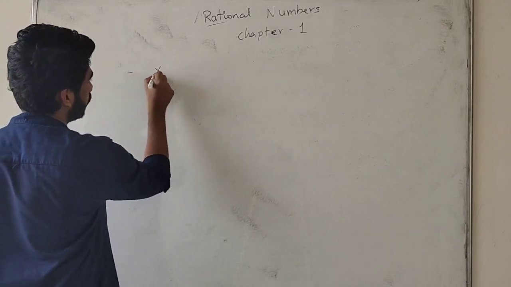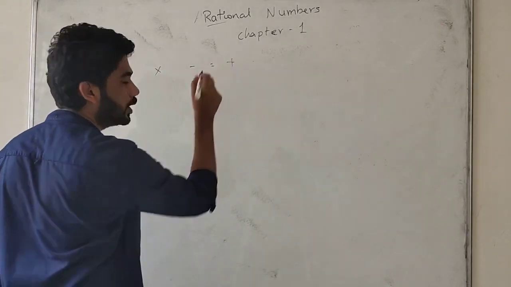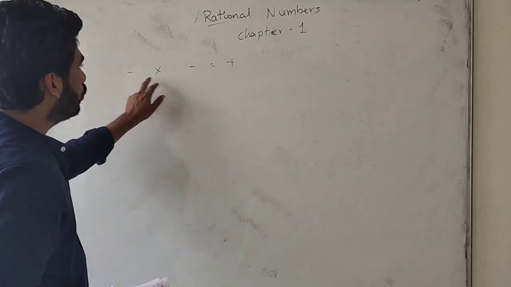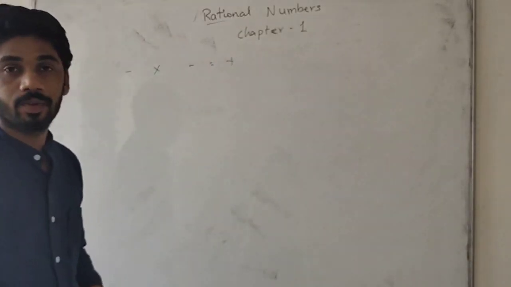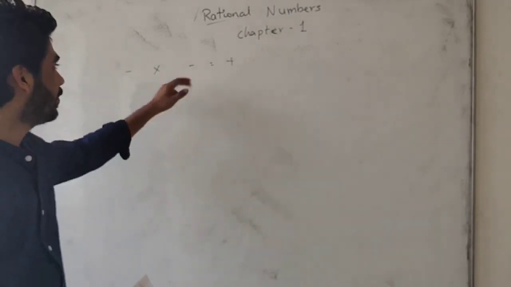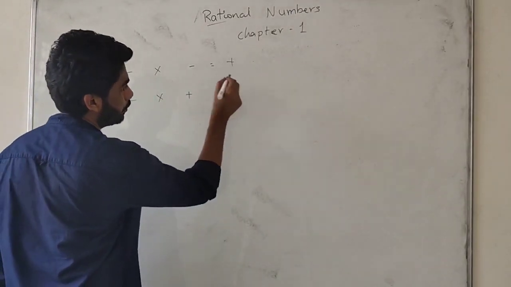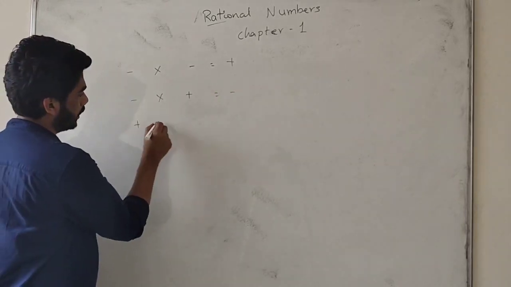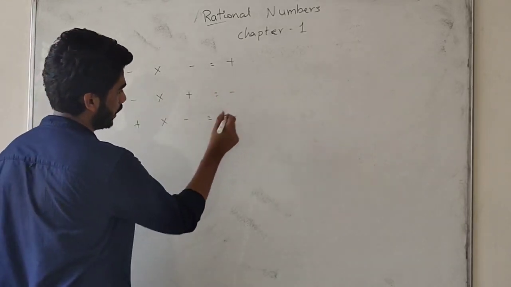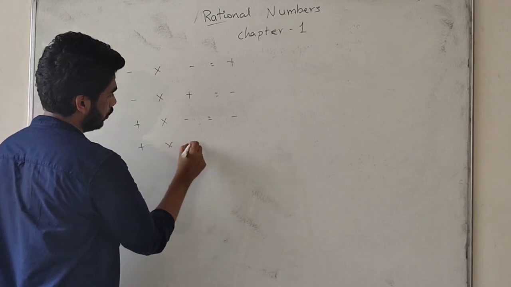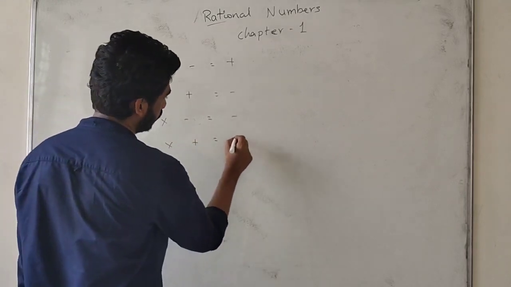Minus into minus we know as plus. Teacher used to say that minus into minus is plus, but we have to know how. Second, minus into plus we get as minus. Third, plus into minus we get as minus. Plus into plus we get as plus.